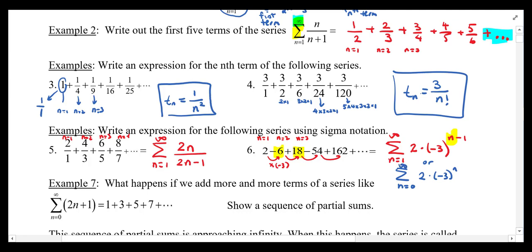So if I did it like this, when I plug in 2 times -3 to the power of 0, -3 to the power of 0 is 1. Now I get my first term of 2. So if I started my sequence with n equals 0, and then this other one is n equals 1, and so on, then the blue expression is good. So it just depends on how you start counting. n equals 1, n equals 0.